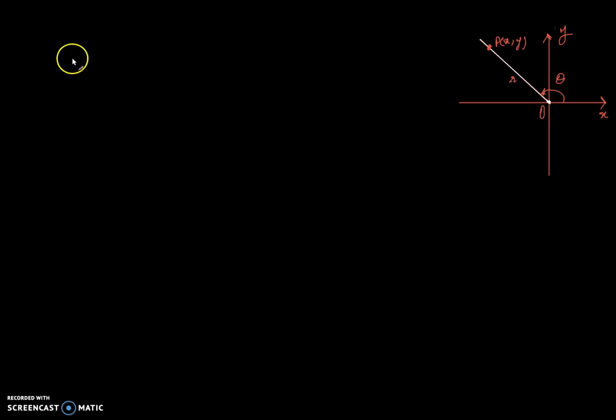as an example, let's say you have a triangle like this, and let's say this is theta, this is x, this is y, and this is r.